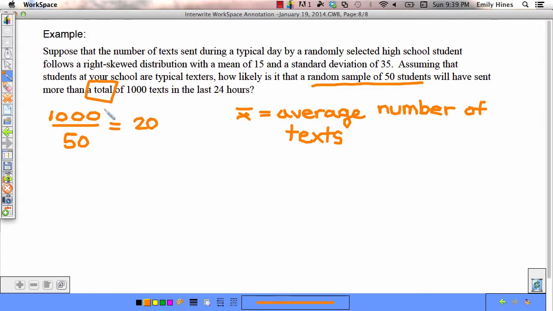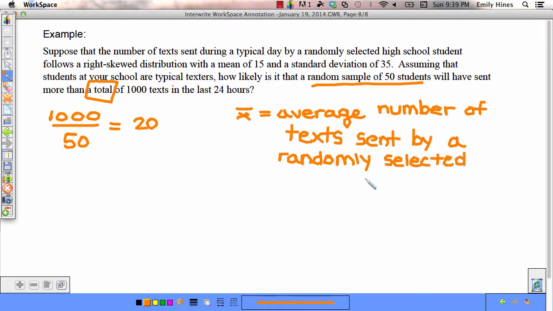But if I look at total in relationship to my sample size, then I can get an average. So X bar is going to be the average number of texts sent by a randomly selected high school student.